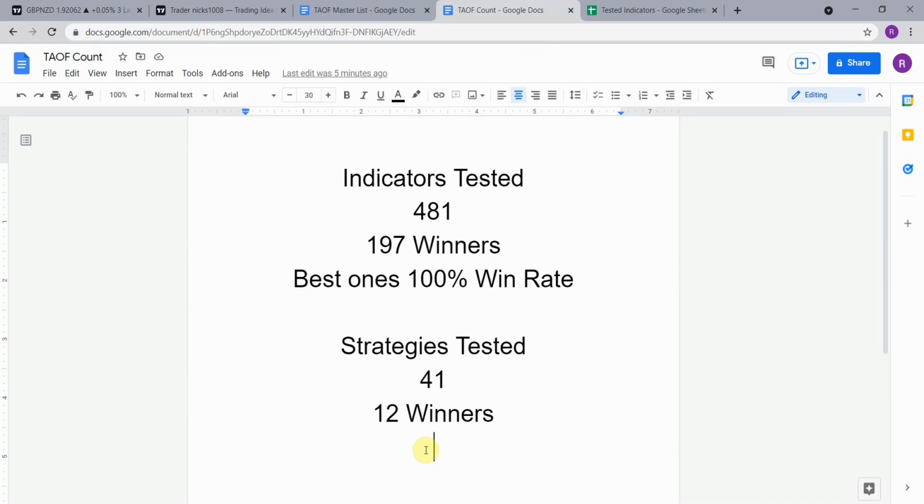The best ones so far were able to achieve a 100% win rate. Now you need to go back and watch those videos to understand the context of how they were able to achieve that. So go back and watch those videos and see what you can get out of those winning indicators. Keep in mind that we test all these strategies and indicators on the Forex market, but they can be applied to just about any market universally.